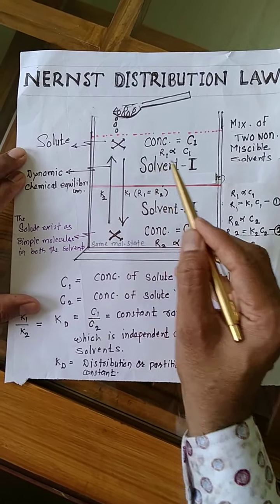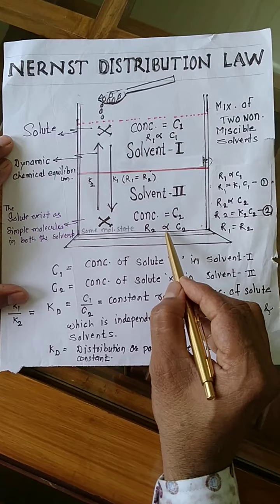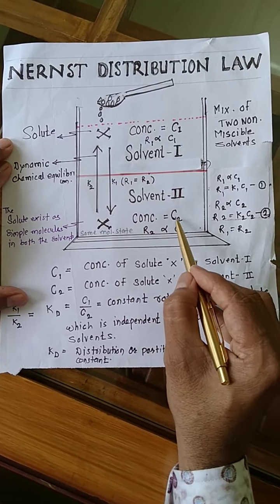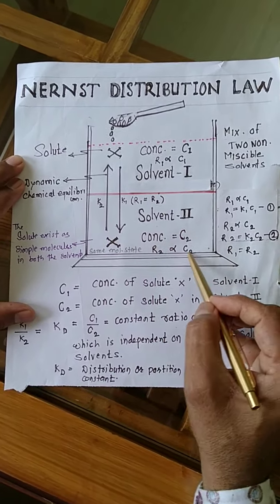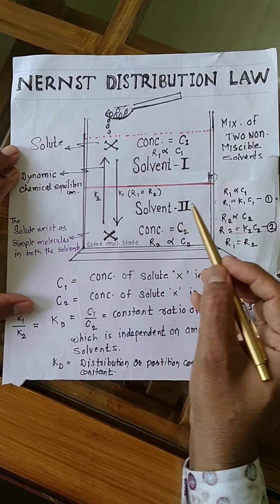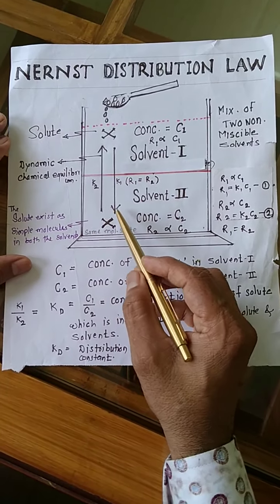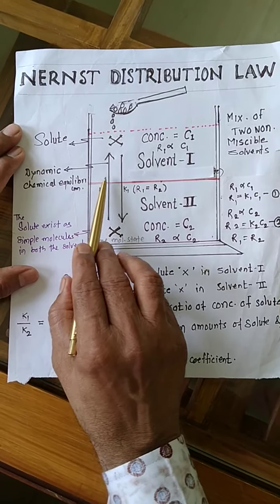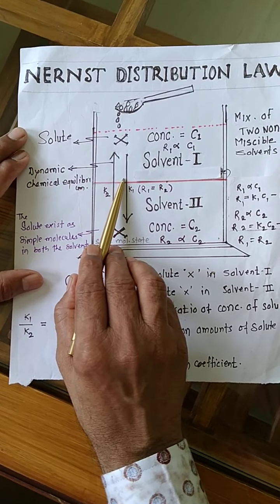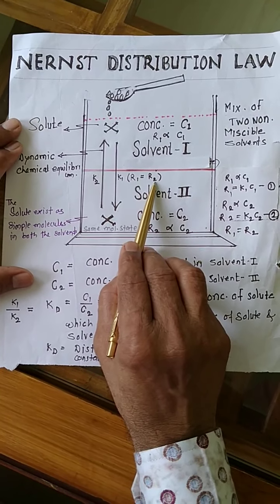Here the rate is R2, and this R2 is directly proportional to C2, and this C2 is the concentration of the solute present in solvent second, where K2 is the rate constant of the reaction, and here the dynamic chemical equilibrium is established when R1 becomes equal to R2.